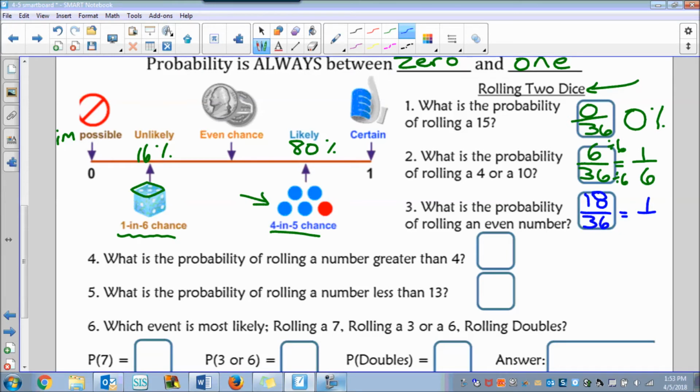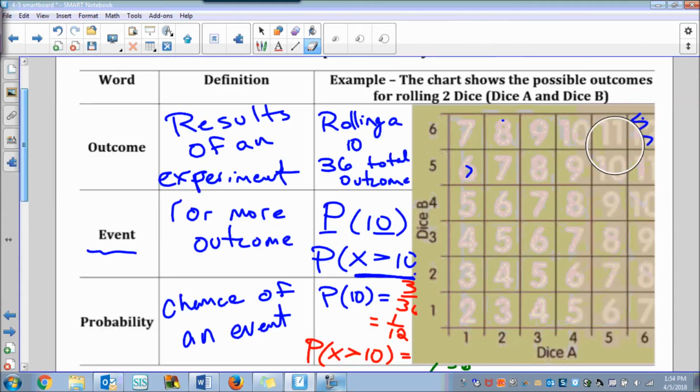That's 1 out of every 2. Maybe you could just see how I simplified that. Really, that's half of the options. Or you could think of this as divided by 18 on the top, divided by 18 on the bottom. That simplifies to that fraction. There's a 50% chance that we roll an even number.